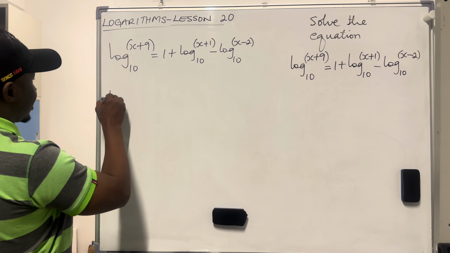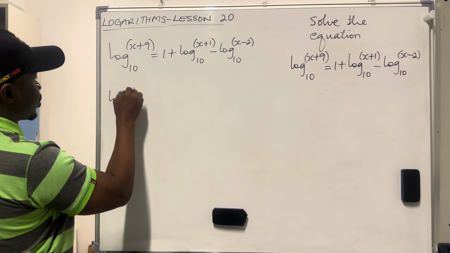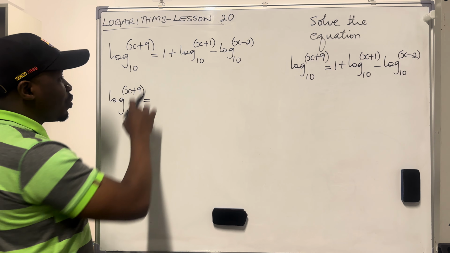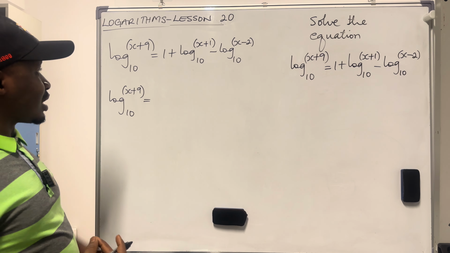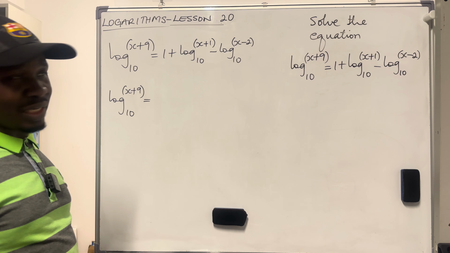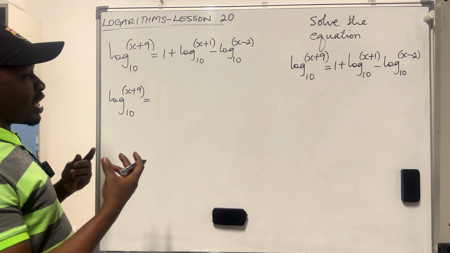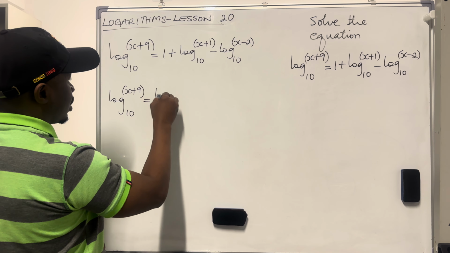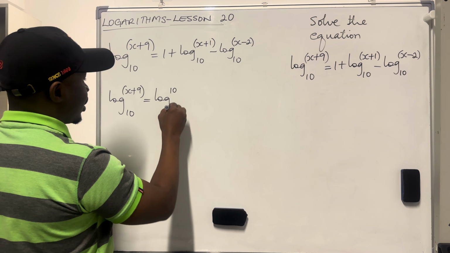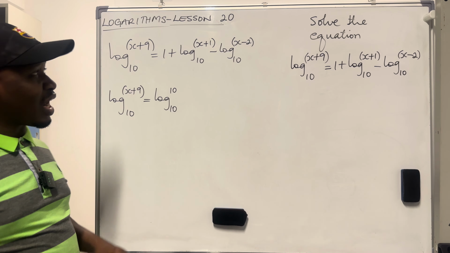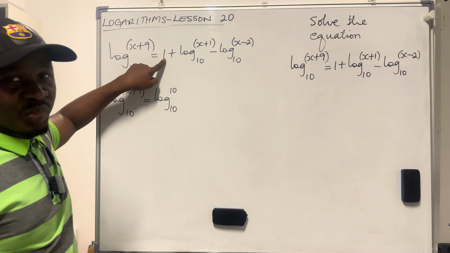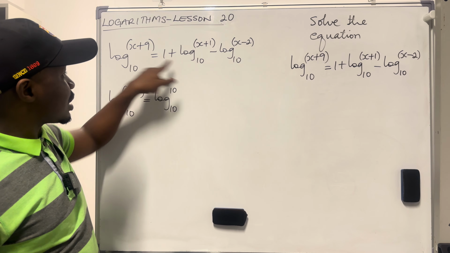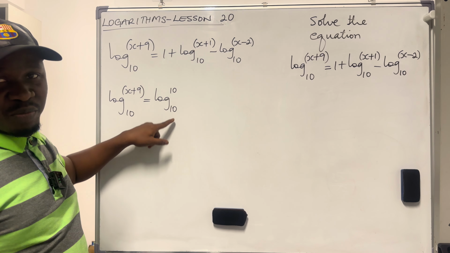We can say log(x + 9) base 10 equals the term without the log. What do we do exactly? Ask yourself, what is the neighboring base? Base 10. So we say log 10 base 10. Whenever you want to convert a non-logarithmic term to a logarithm, the desired base is what you use as the number and the base.